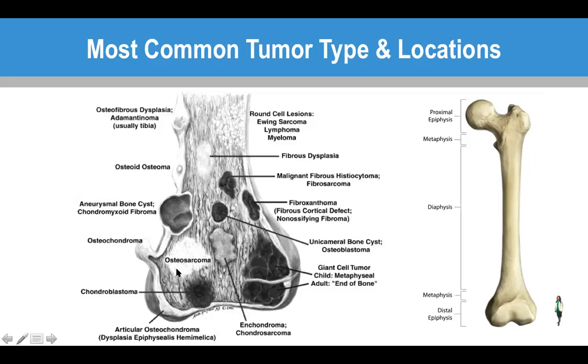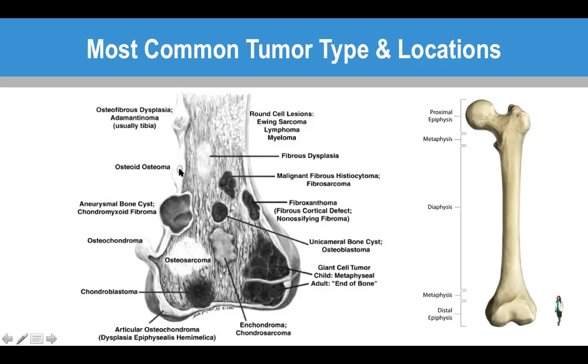There are some tumors that like to occur on the cortex, for example, osteochondroma. This looks like a mushroom herniation of a bone, has a cartilage cap, and the medullary space herniates out. So this is a benign lesion. Aneurysmal bone cyst can have the tendency to be at the cortex.